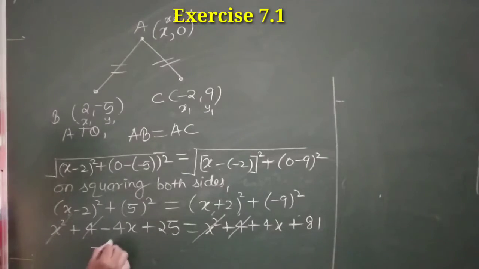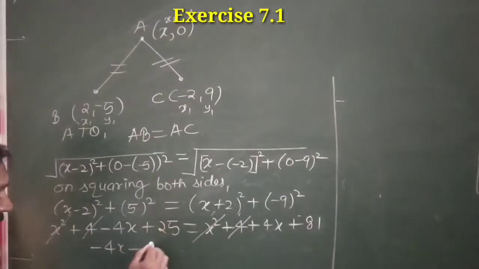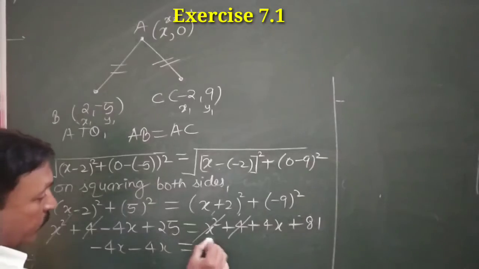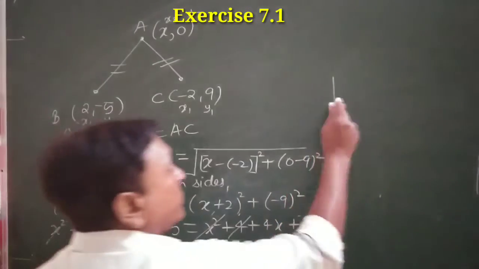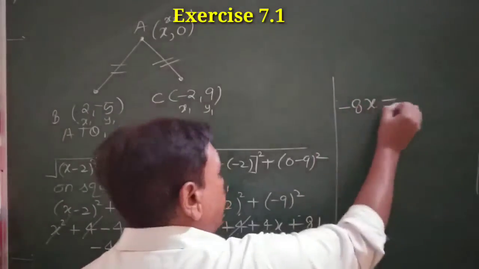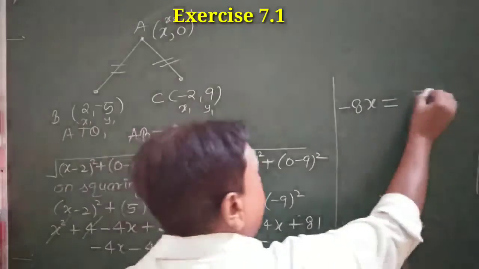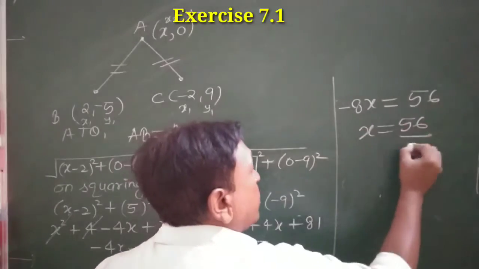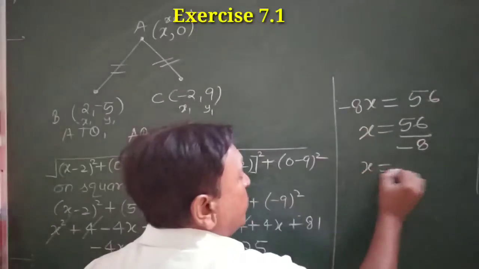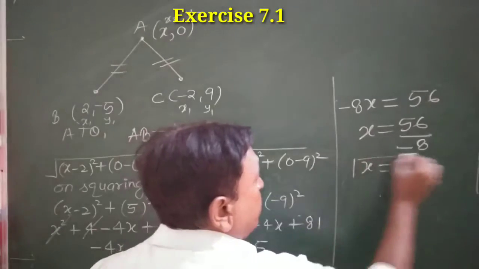Transpose x terms to one side and numbers to the other side. It will become minus 8x equals 81 minus 25, which is 56. So the value of x will be 56 upon minus 8, meaning x equals minus 7.